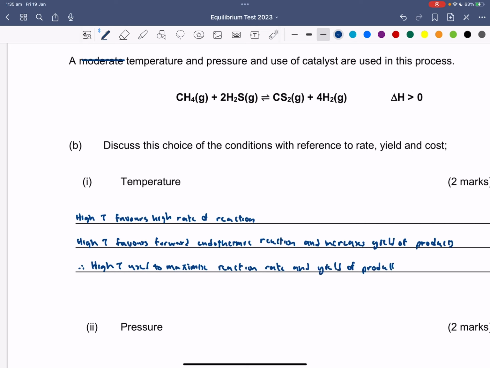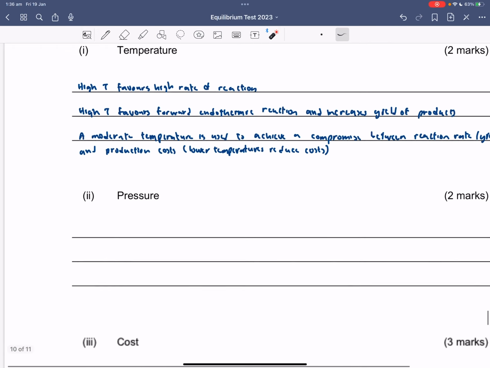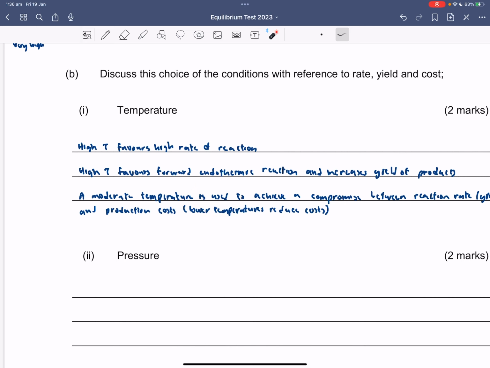And specifically I would have said a very high temperature is not used to reduce production costs. And obviously to keep it safe, but there is no mention of safety here, so we won't discuss it. That's what I would have written. But because it said the word moderate, I wrote a very similar answer, but just wrote moderate instead.